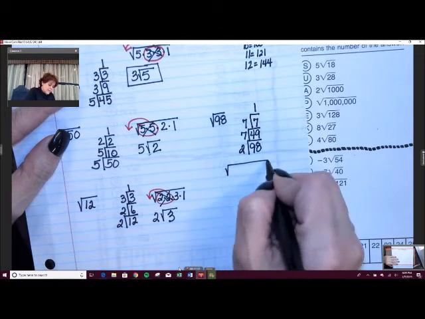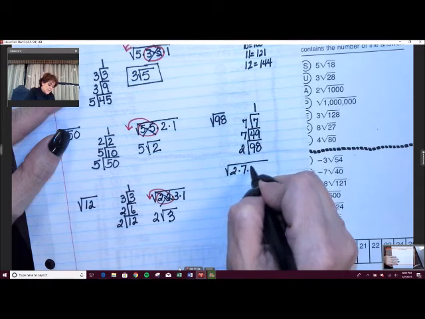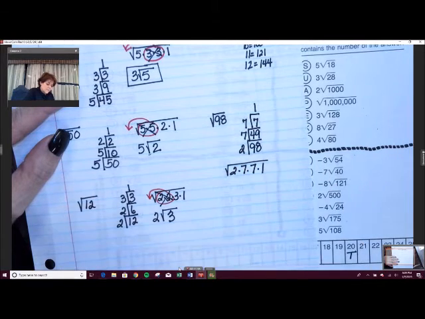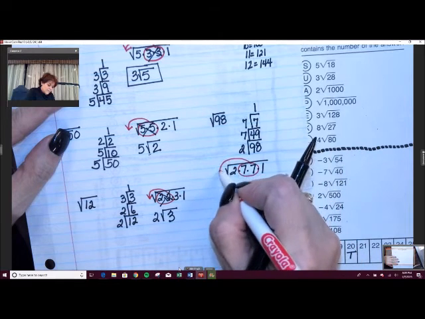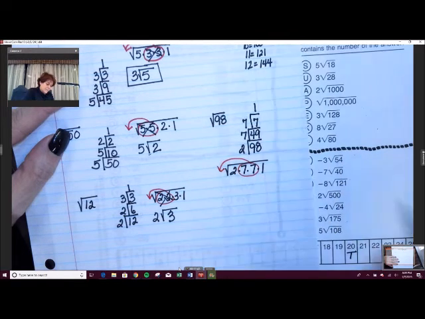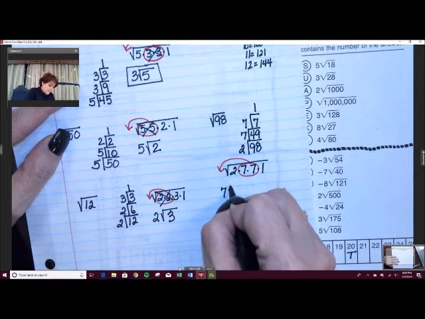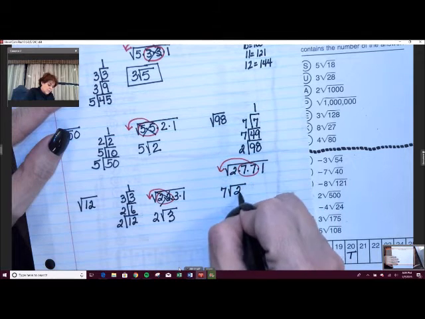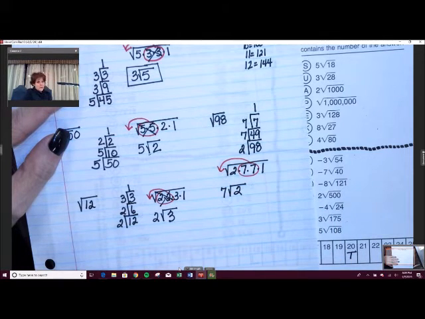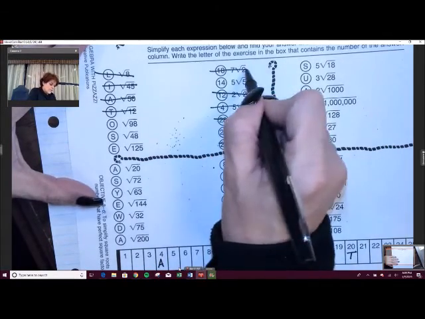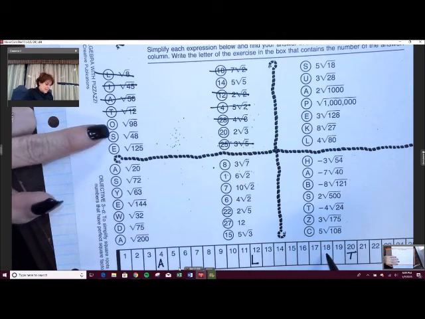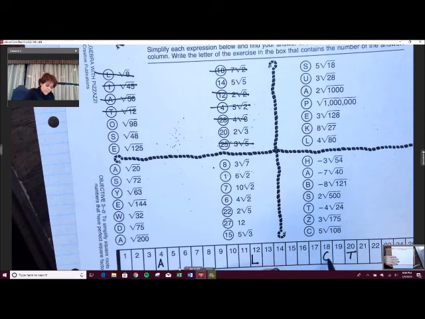So that is 2 times 7 times 7 times 1. Circle up my doubles. So that's 7 square roots. 2 times 1 is 2. So the square root of 98 is 7 square roots of 2. 7 square roots of 2 is 18. 18 is going to be O.